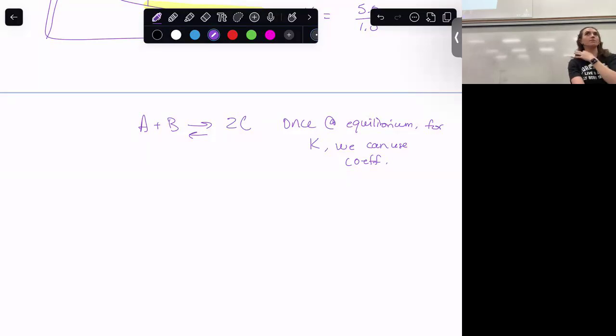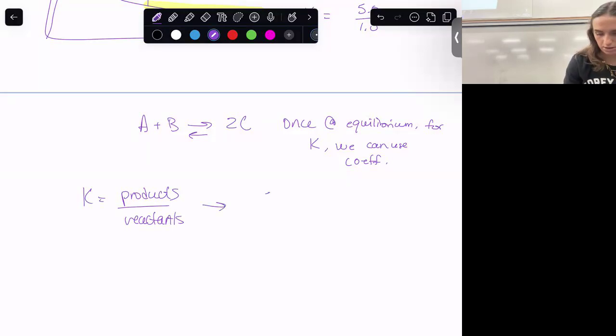And we're using the coefficients for what again? For K. We said products over reactants, so that's going to be your concentration of C. Where do we put the 2?